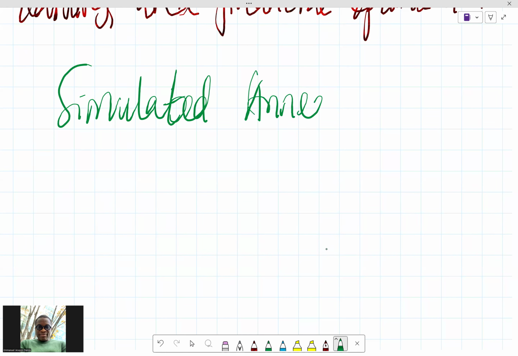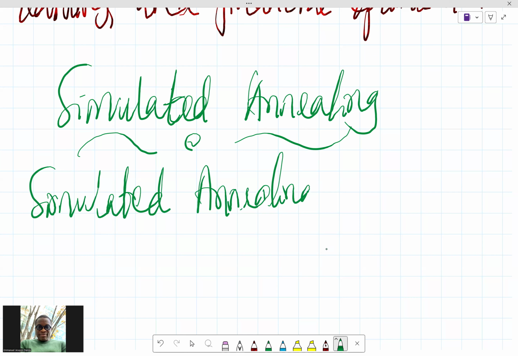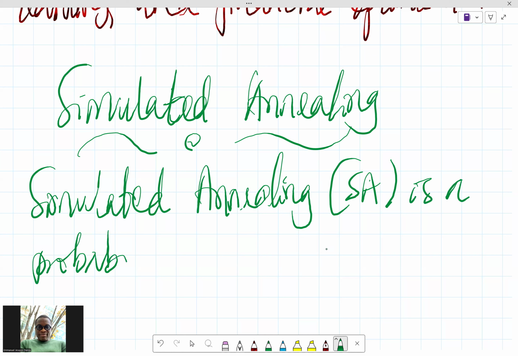Simulated annealing, SA for short, is a probabilistic optimization technique.